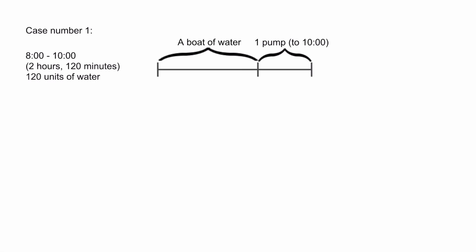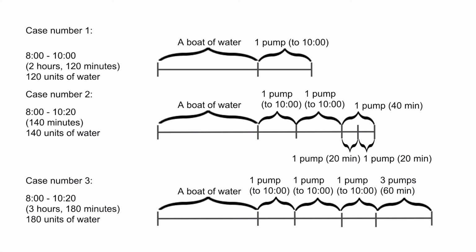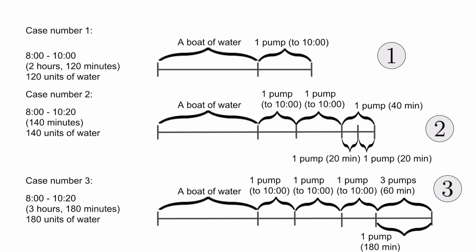In summary, we have 3 cases. We will label them 1, 2, and 3, like this. Keep in mind that in case number 3, the 3 pumps for 60 minutes segment can also be rewritten as one pump operating for 180 minutes.